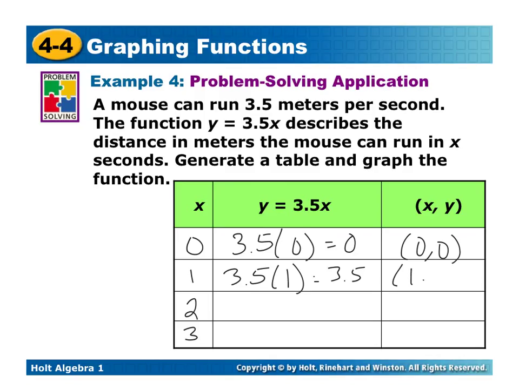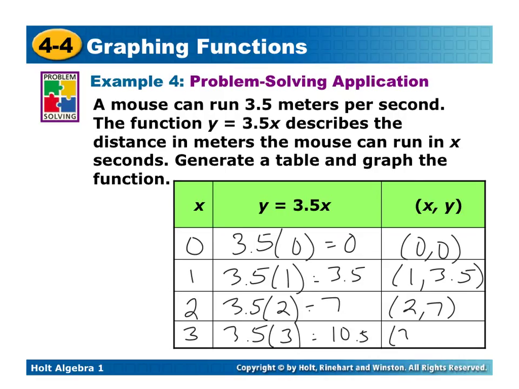So our ordered pair would be 1, 3.5. We have 3.5 times 2, which would equal 7. And then finally 3.5 times 3, which gives us 10.5.